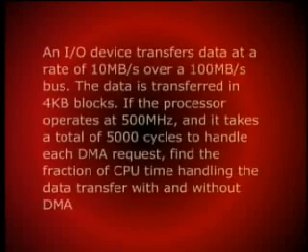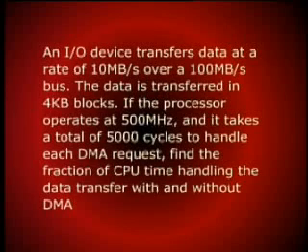Let us look at an example where an IO device transfers data at a rate of 10 megabytes per second over a 100 megabyte per second bus. The data is transferred in 4 kilobyte blocks.